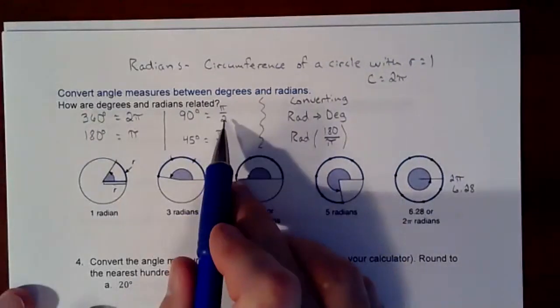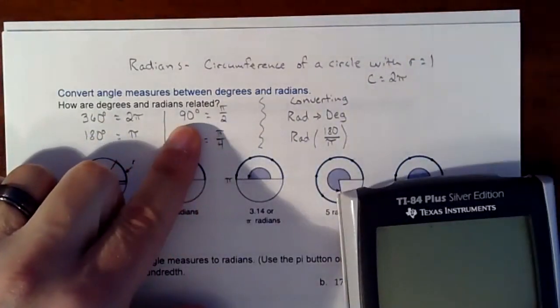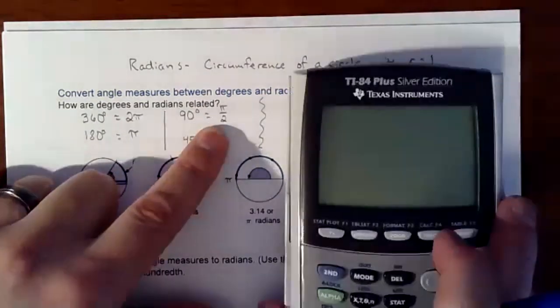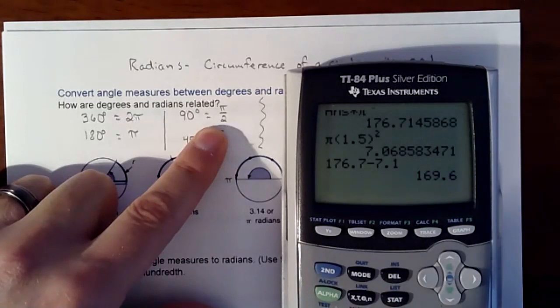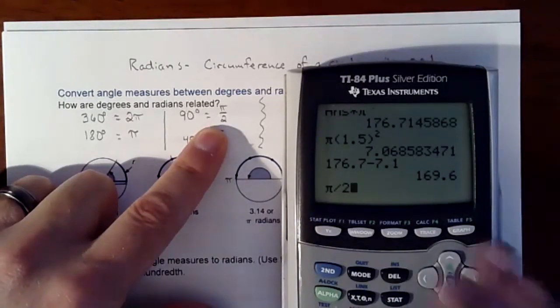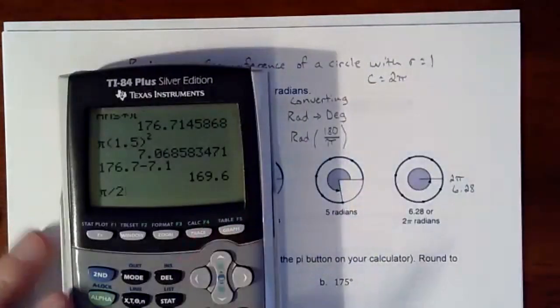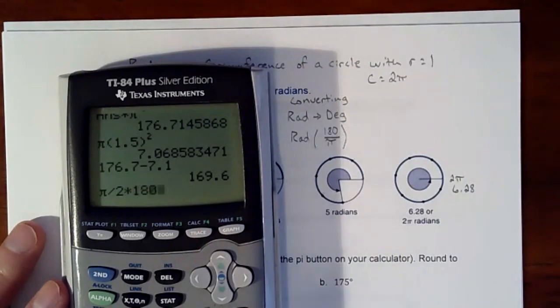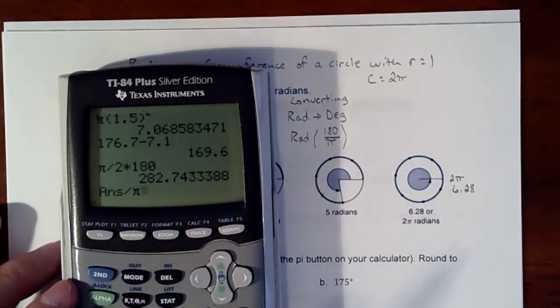So if you had a radian of pi over 2 and you wanted to convert it into degrees, you would take pi divided by 2, and then you would multiply it by 180. So you can do it in steps. You can multiply it by 180, and then divide it by pi.